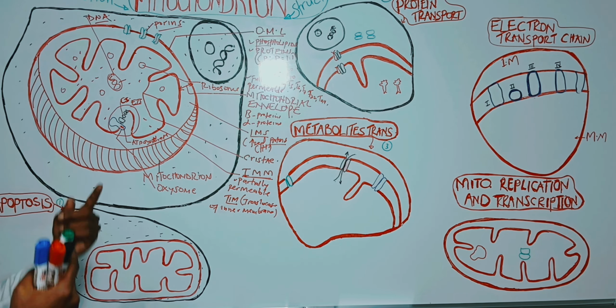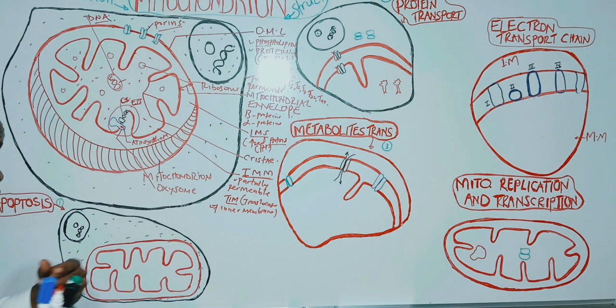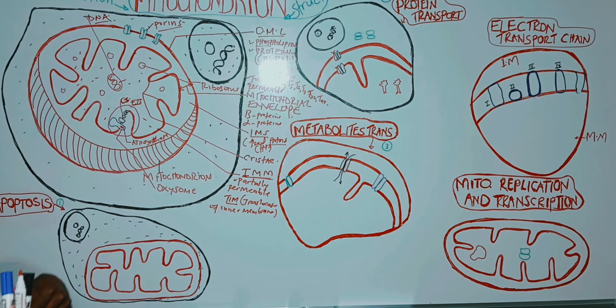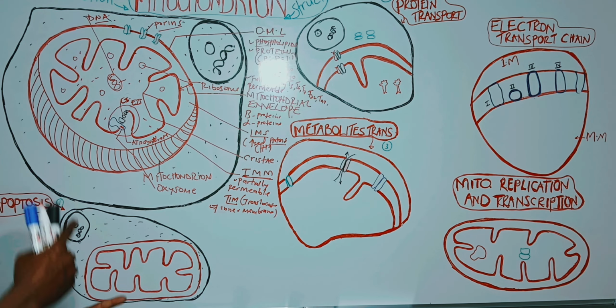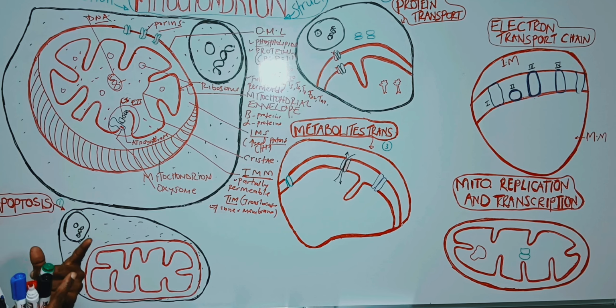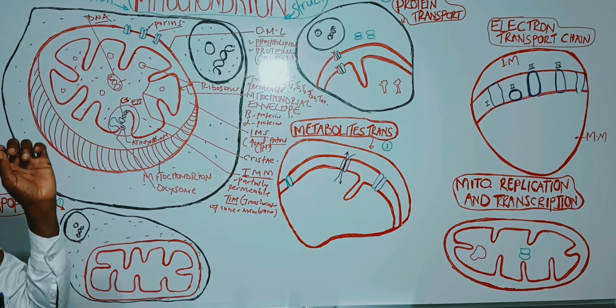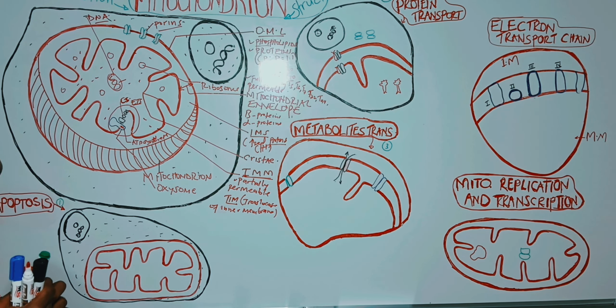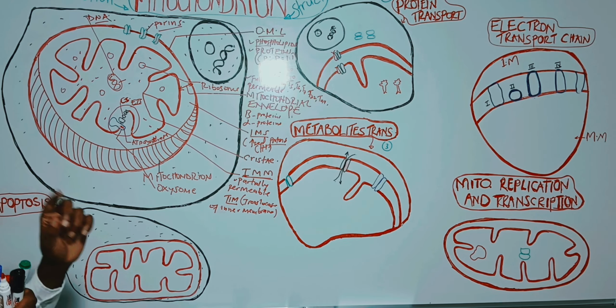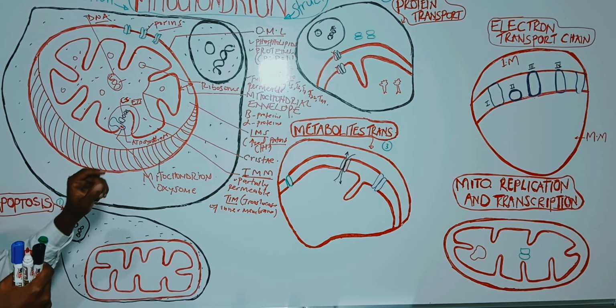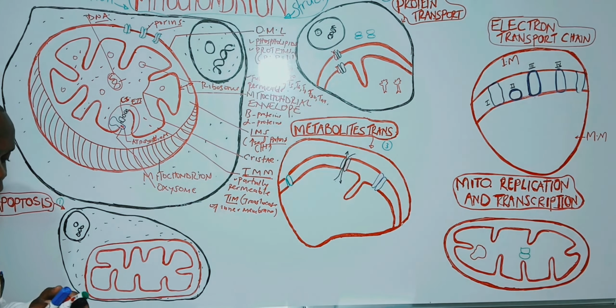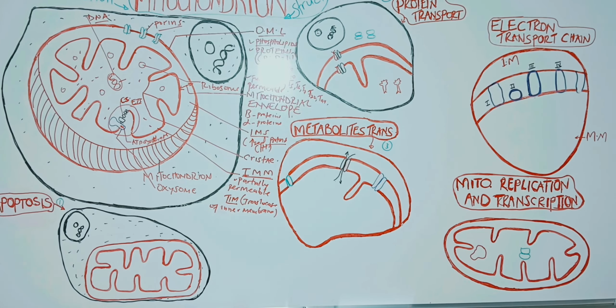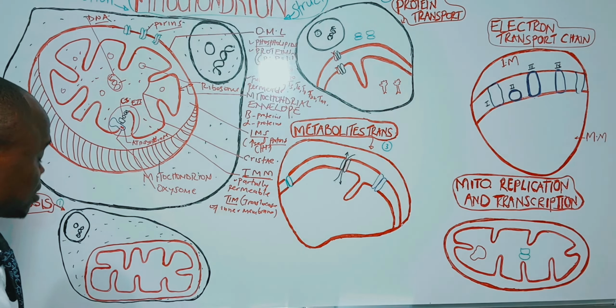Then we say that the inner membrane majorly consists of invaginations, which are called the cristae, where we have the enzyme ATP synthase, and also the oxysomes, which are very important in the electron transport system.